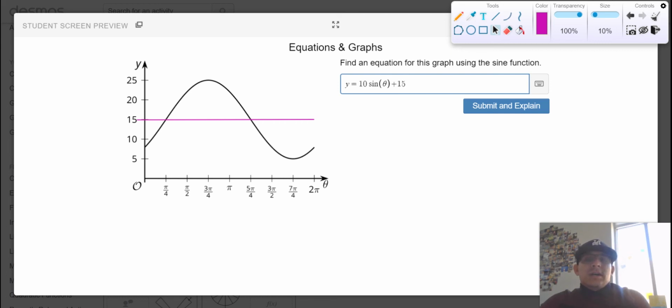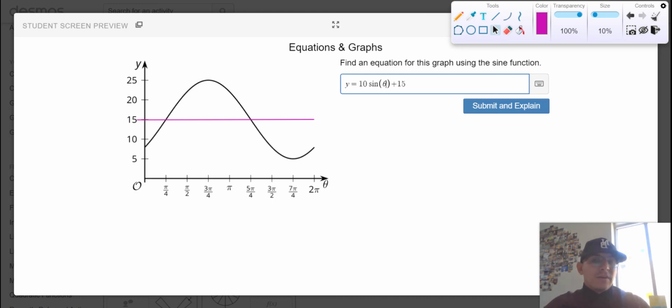So in this case, notice how we have our maximum value at an input of 3 pi over 4. In order for that to occur, we need to think about where the maximum value for sine typically occurs. And that maximum value for sine is at the value of pi over 2. At pi over 2, the value of sine is 1.